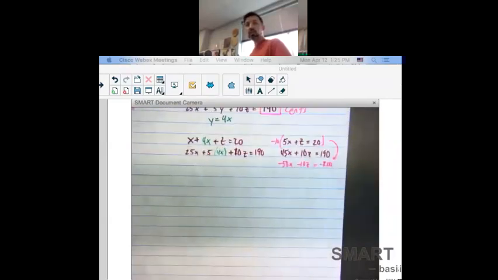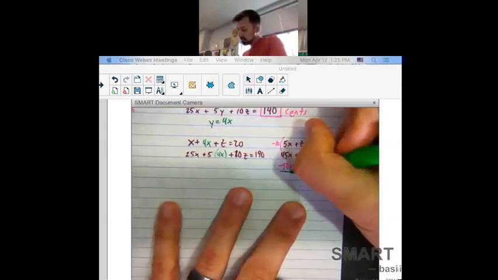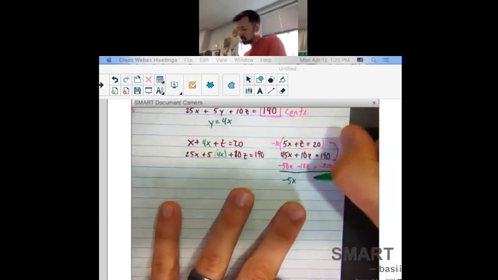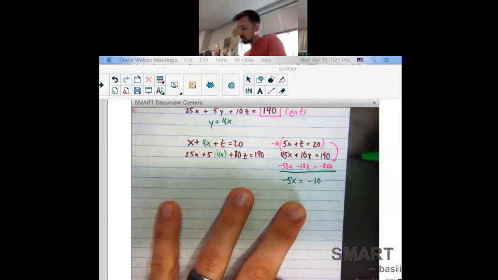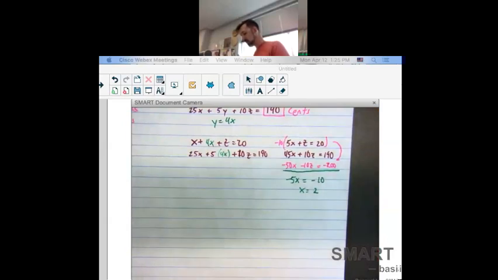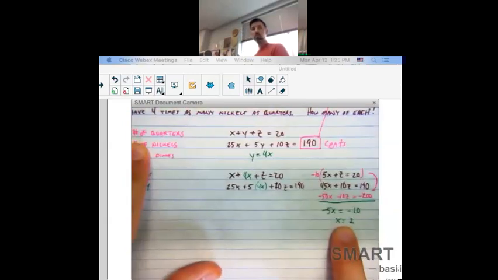Negative 50x minus 10z equals negative 200. Z's will cancel, giving negative 5x equals negative 10, which means that x is 2. Or what x stood for, number of quarters.